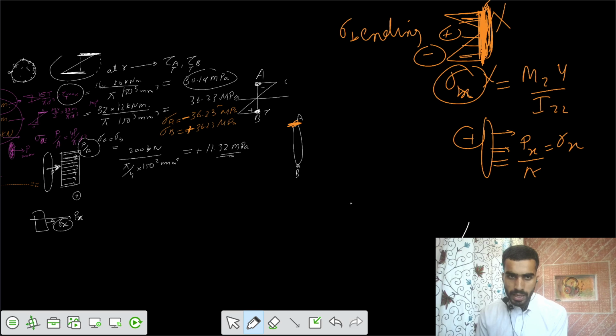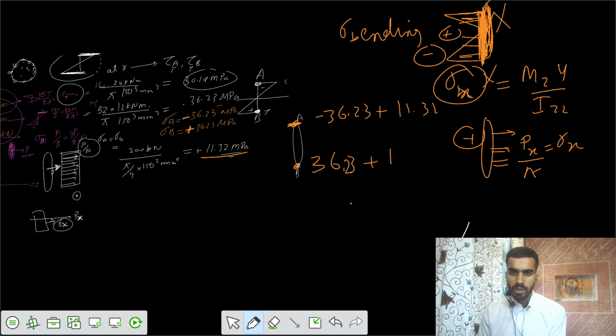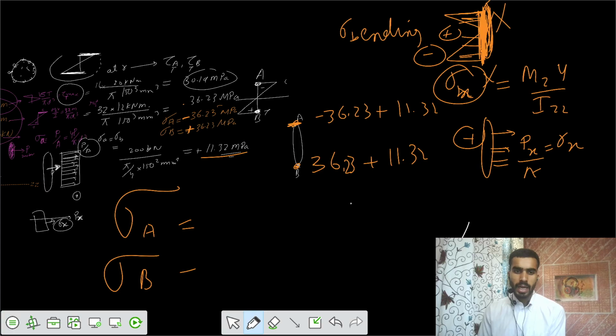So at point A, you have compressive 36.23 and you have tensile 11.32, and at B you have tensile 36.23 plus 11.32. So you have the net value of sigma A and sigma B. Let's say this was your A dash and this was your B dash.